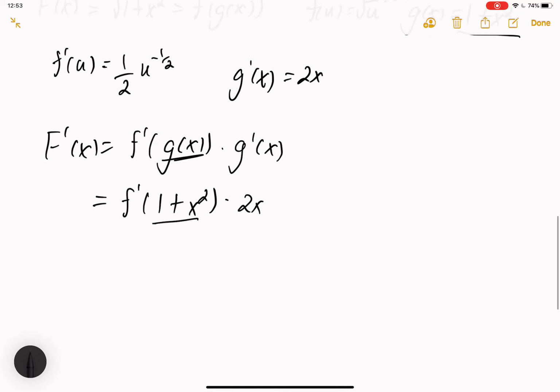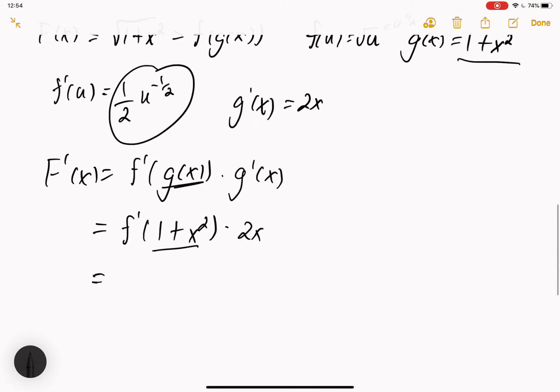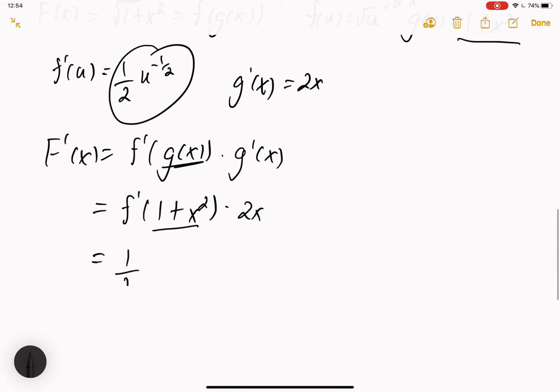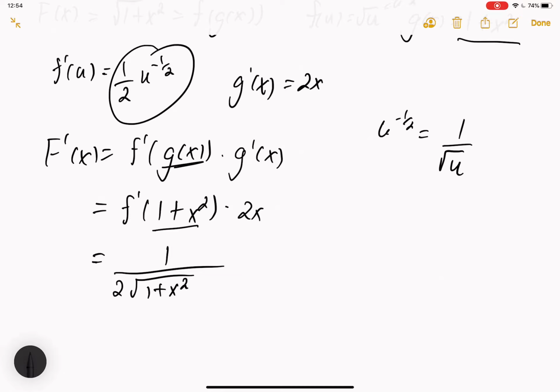Now we plug 1 plus x squared into our function f prime. So into right here, we get 1/2. And u to the negative 1/2 is the same thing as 1 over the square root of u. So instead of writing 1 plus x squared to the negative 1/2, I'm just going to write it on the bottom instead. So I'm just going to do 1/2 times the square root of 1 plus x squared, times 2x.